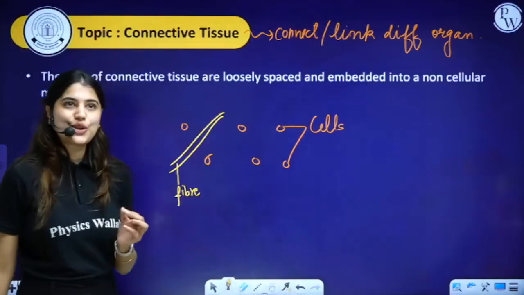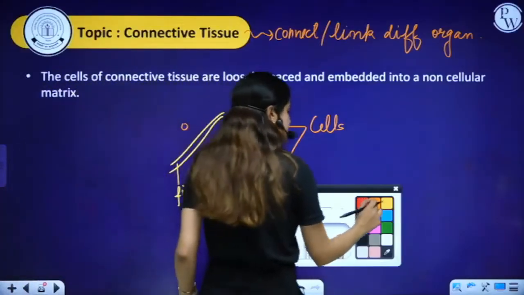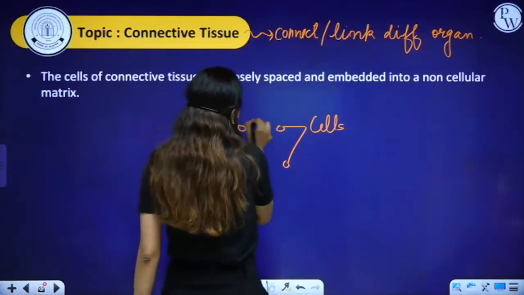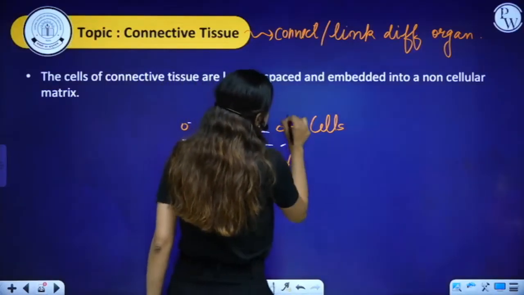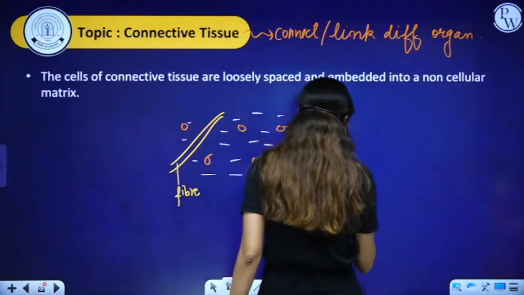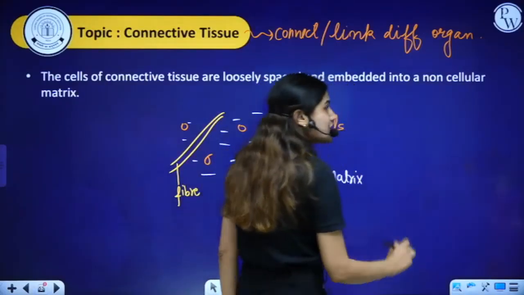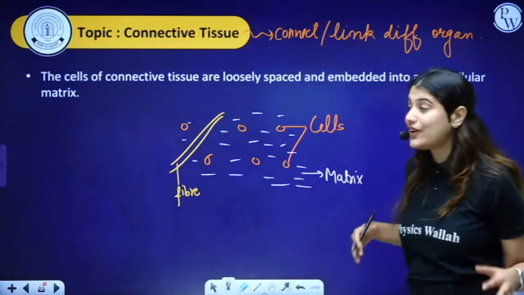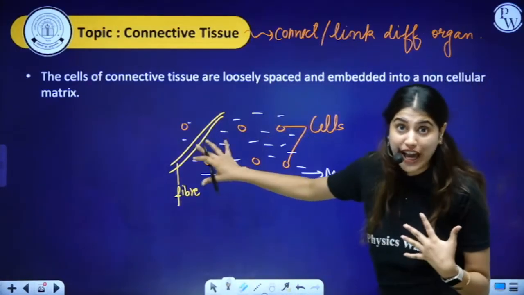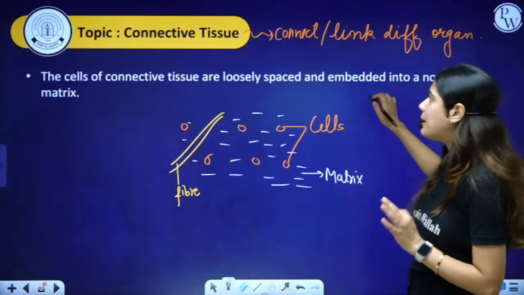And also these cells make up some substance called matrix. So matrix is a substance which fills up the space between the cells and the fibers. So basically what we have in a connective tissue is the cells, the fibers and the matrix. The cells only secrete this fiber and the matrix, remember that.